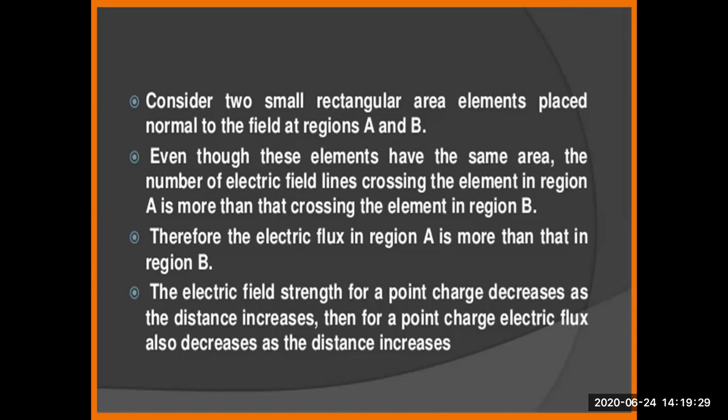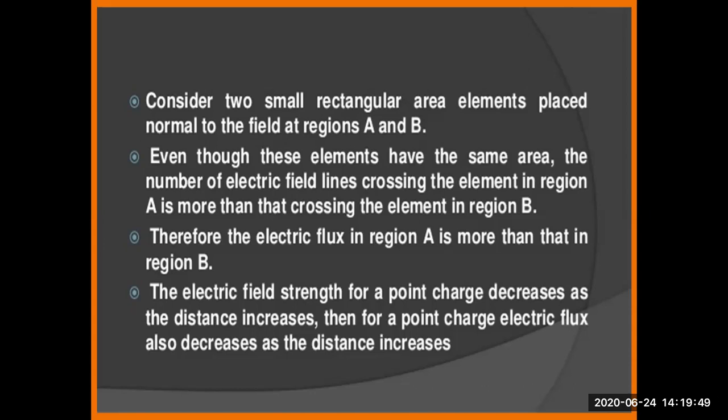So the next point is, therefore, the electric flux in region A is more than in region B. Flux means the number of field lines passing through. So it is greater in A than B, although A and B have the same area.